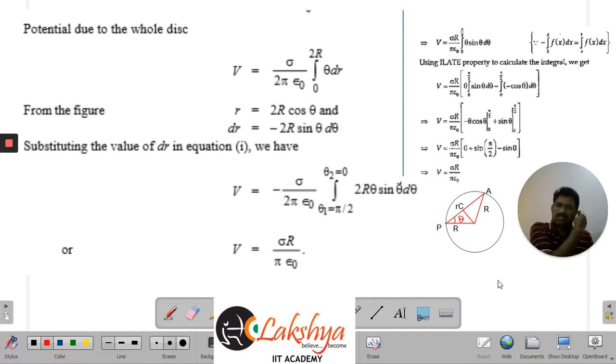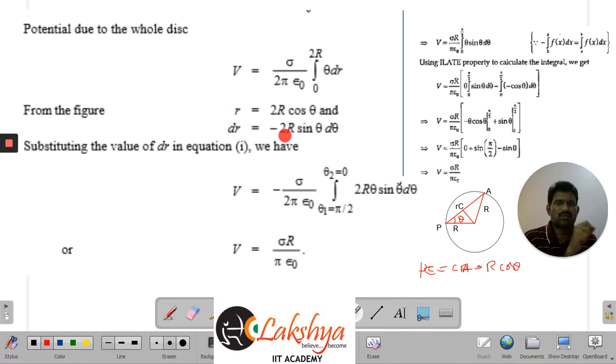Now this PC distance we can write as PC is equal to CA, which is nothing but R cos theta, by using that right angle triangle. So the total PA distance we can write as 2R cos theta. Now this is the r value, so we need to find the dr value here. So I am differentiating this.